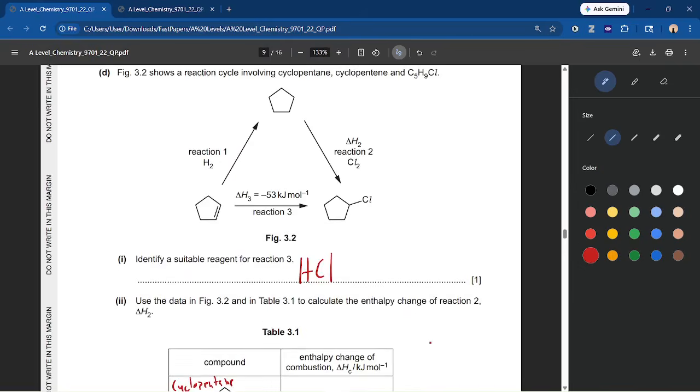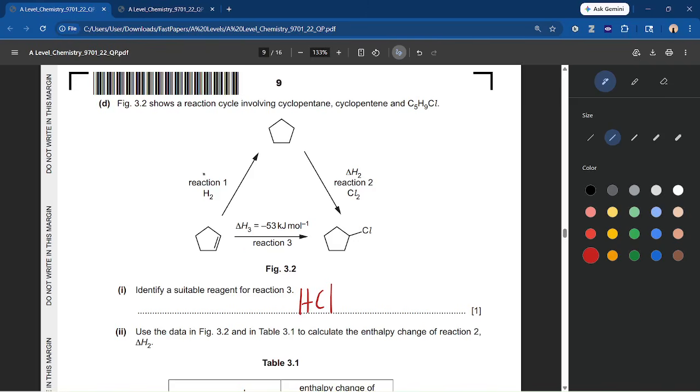So if you look at this over here, to get to reaction 3, you need to go through reaction 1, and then you need to go to reaction 2. So del H3 is equal to del H1 plus del H2.